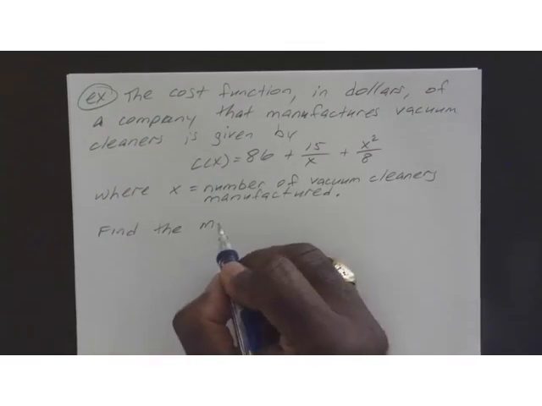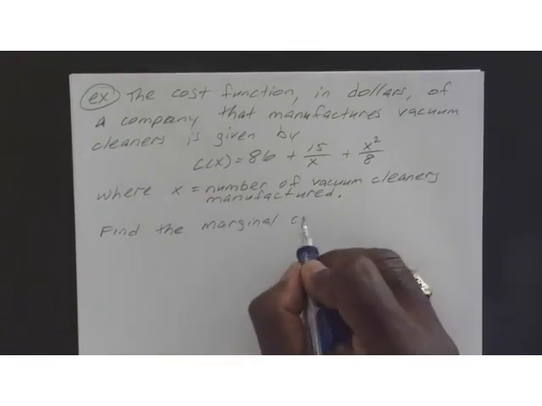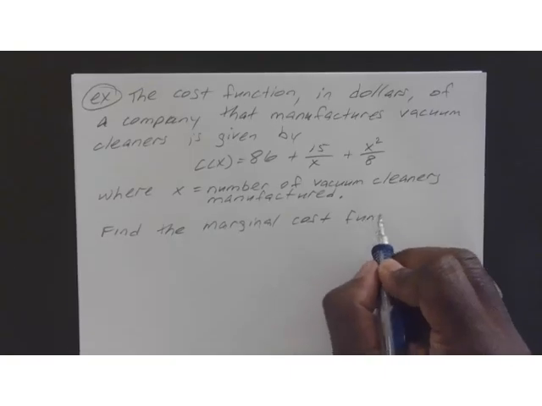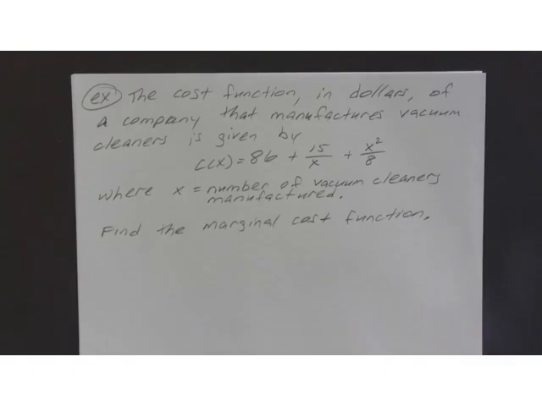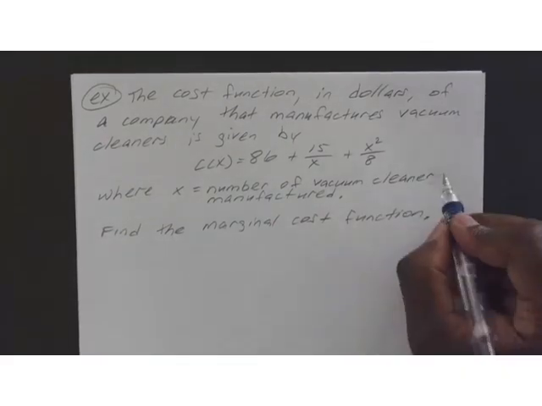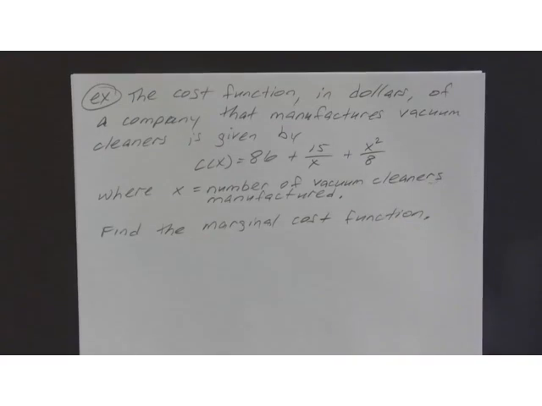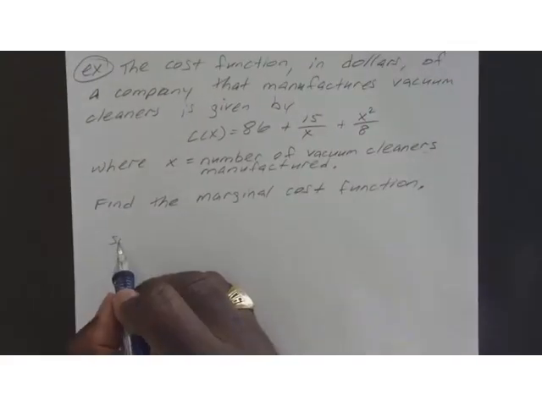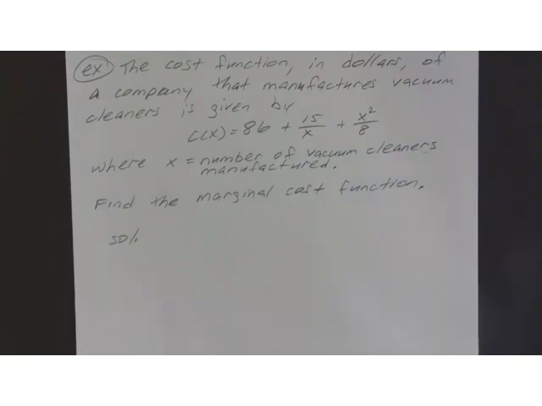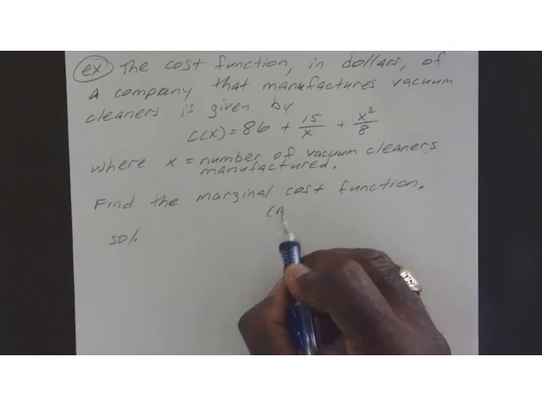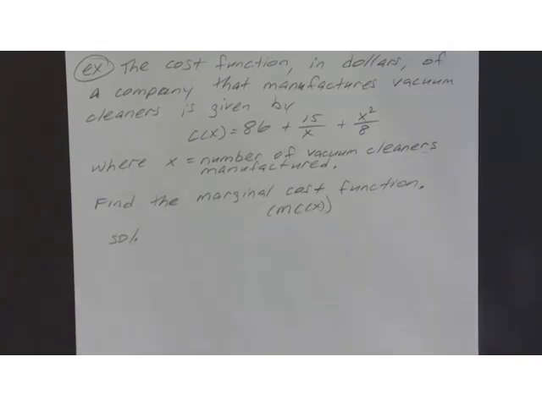So we want to find the marginal cost function. And instead of saying marginal cost function, they might even just say find MC of X. Same thing.